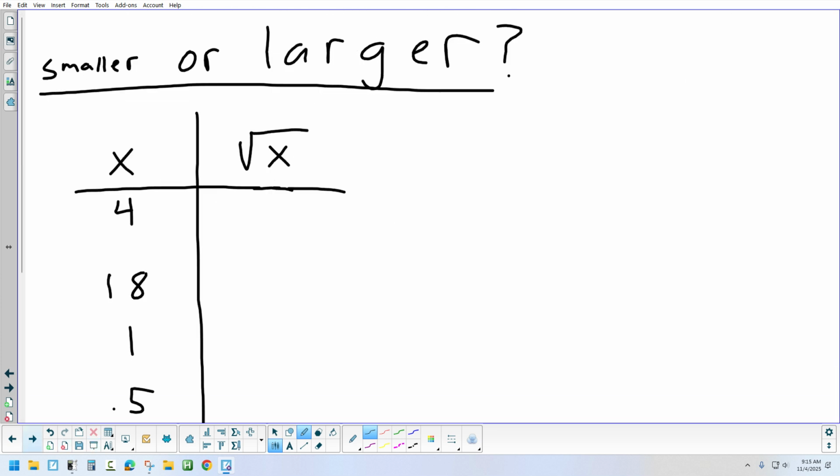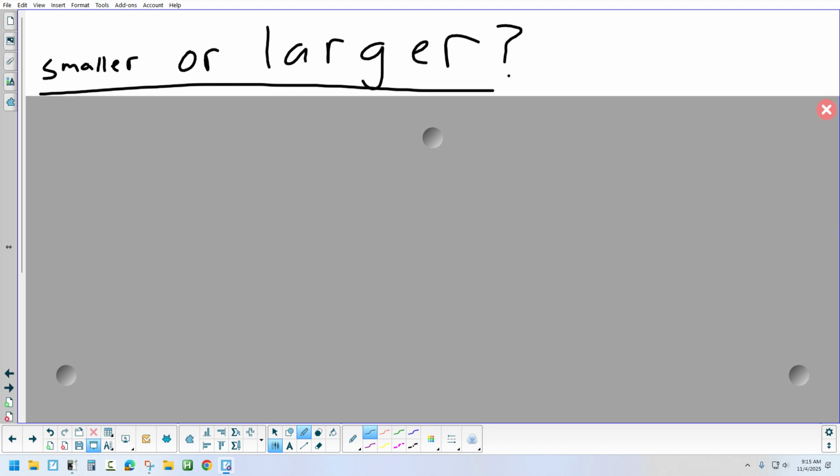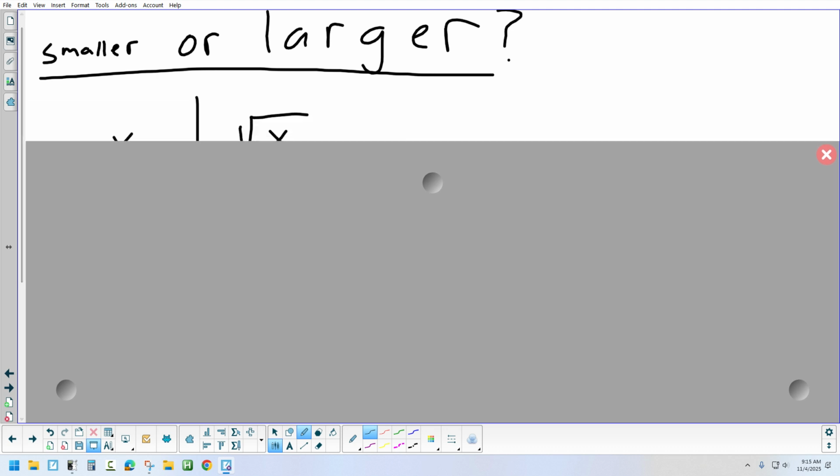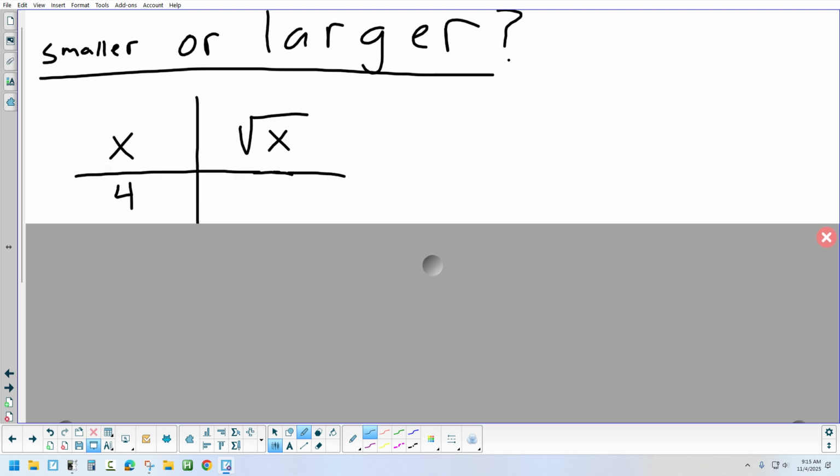All right, so now let's see what happens when we take some square roots. I want to see if, when we take a square root, does it get smaller or does it get larger? Let's try 4. If we take the square root of 4, what do we get?